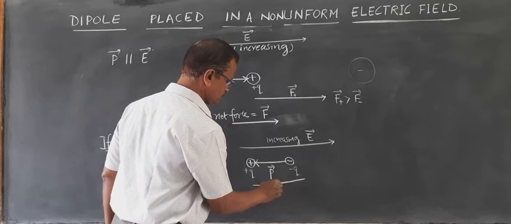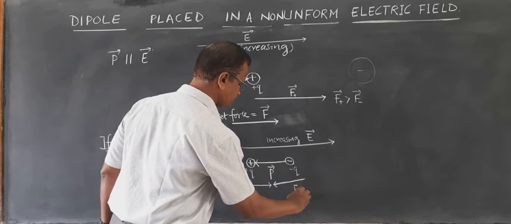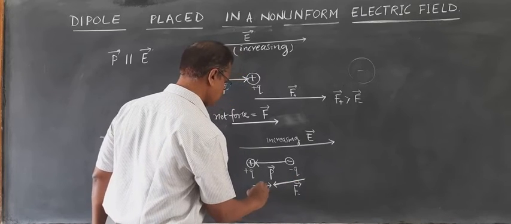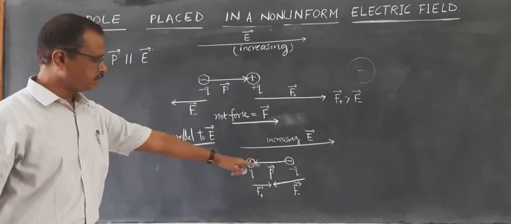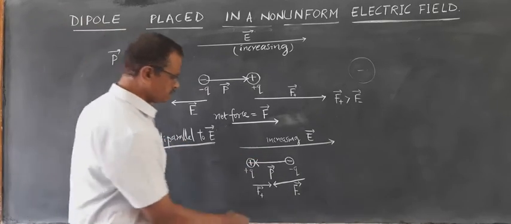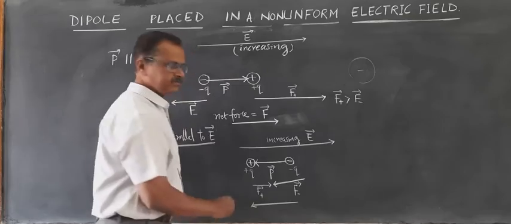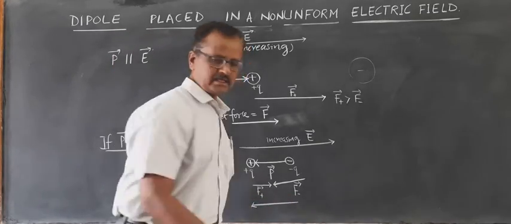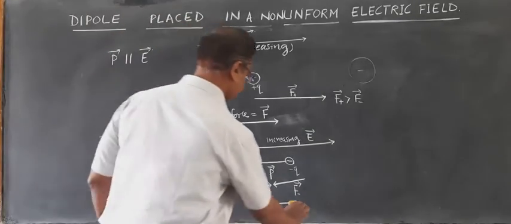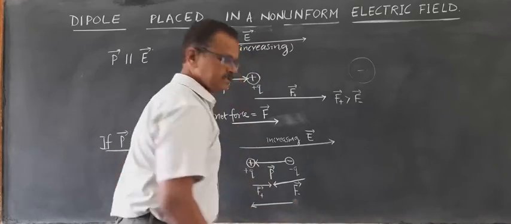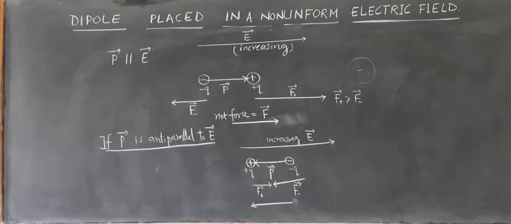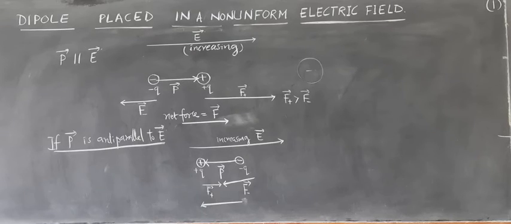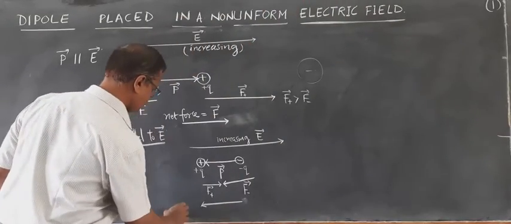This is F minus and this is F plus. As a result, the dipole starts moving in the direction of net force. This is the direction of net force.